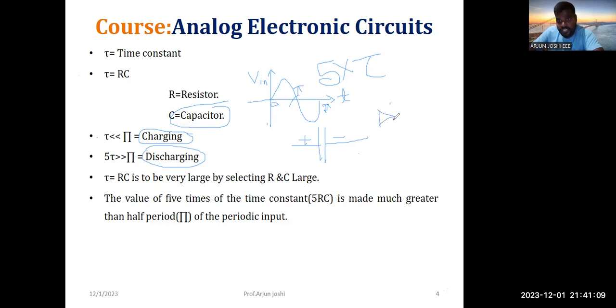If the diode is like this, the polarity is the same; if the diode is reversed, the capacitor direction changes to minus-plus. I'm going to discuss these topics in future slides. Tau equals RC must be very large, by selecting large values of R and C. Now let's get into the next slide.